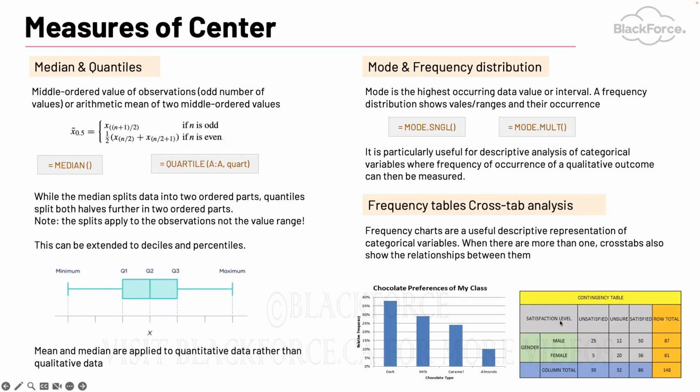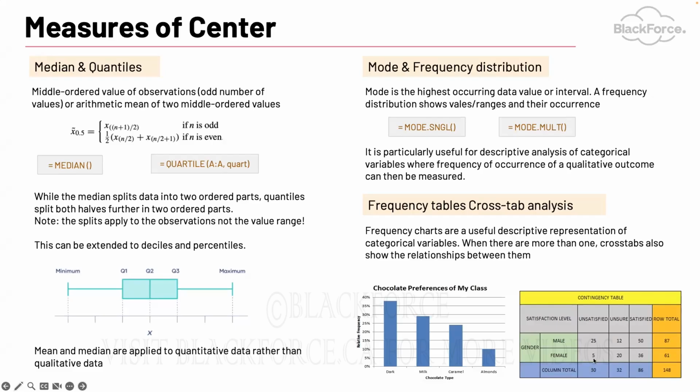So here, this is just an example where you have feedback from customers: unsatisfied, unsure, satisfied. So this is ordinal, but categorical data. And then you have gender, so males and females. For the males, you had 25 unsatisfied, 12 men were unsure, 50 men were satisfied.